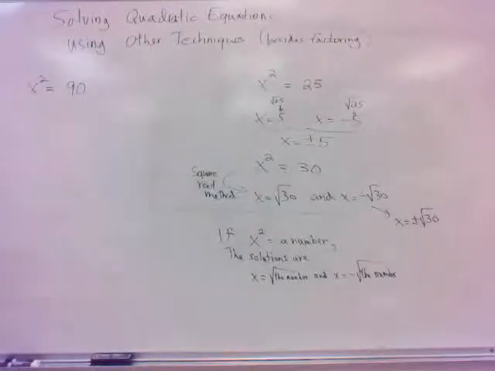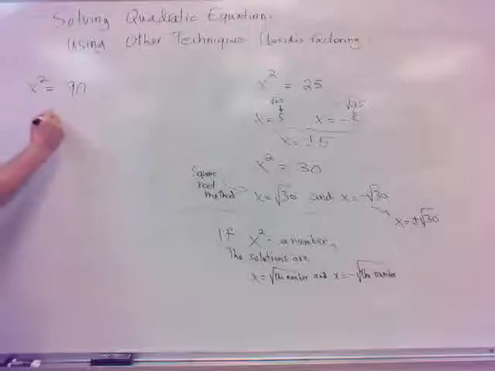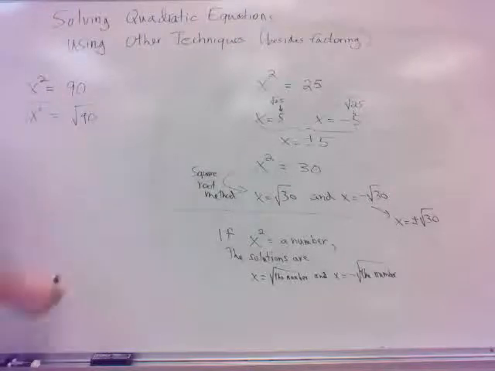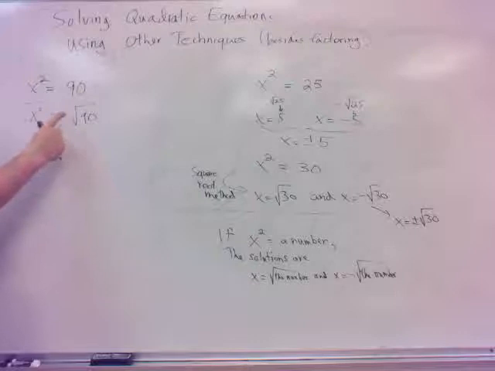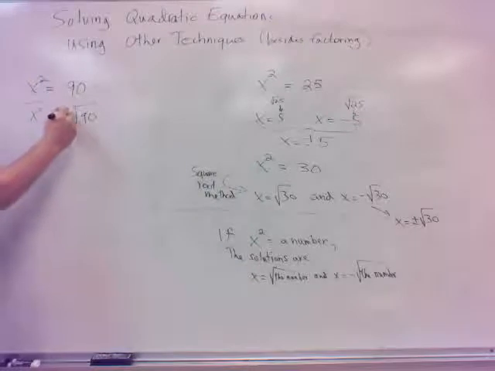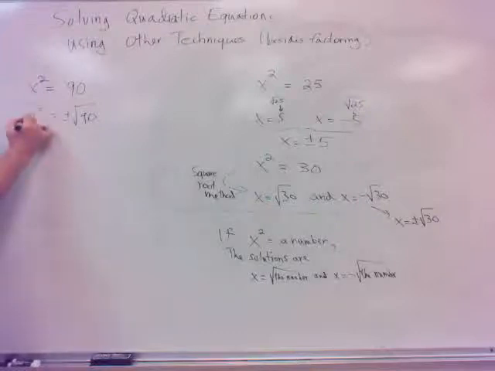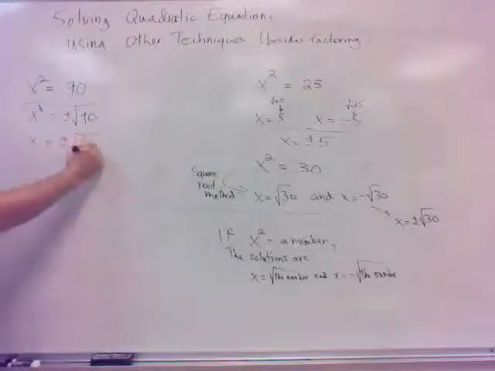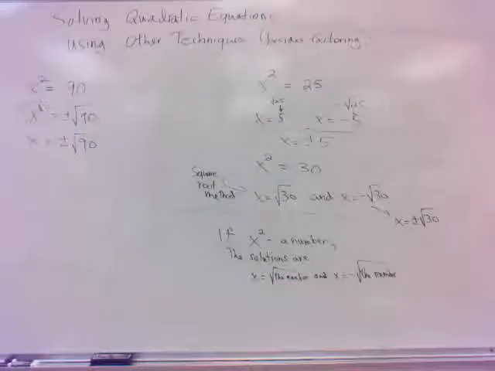This is another way maybe to help you remember what to do here. The catch is this side could be either plus or minus, plus or minus square root of 90. Of course, the square root and the square cancel, so we just get x equals plus or minus the square root of 90. That's kind of how we're going to denote this little method.